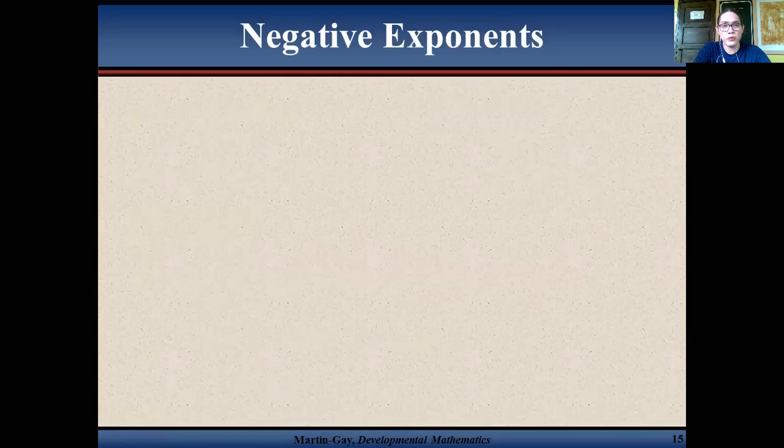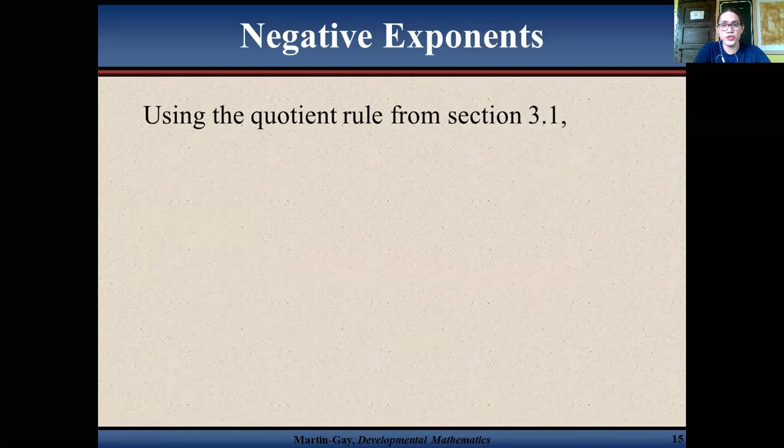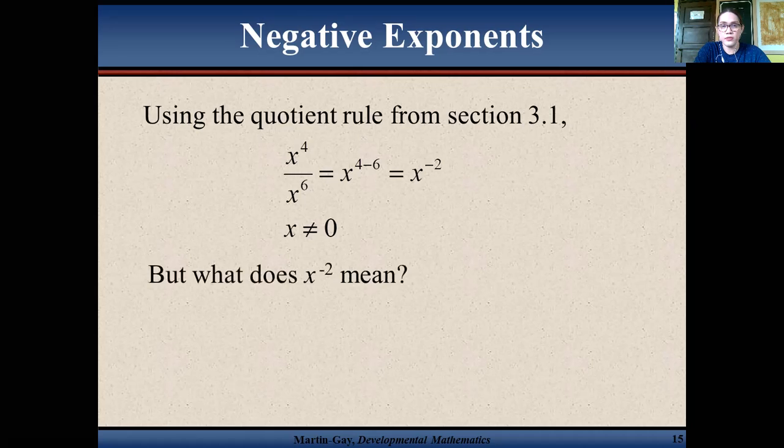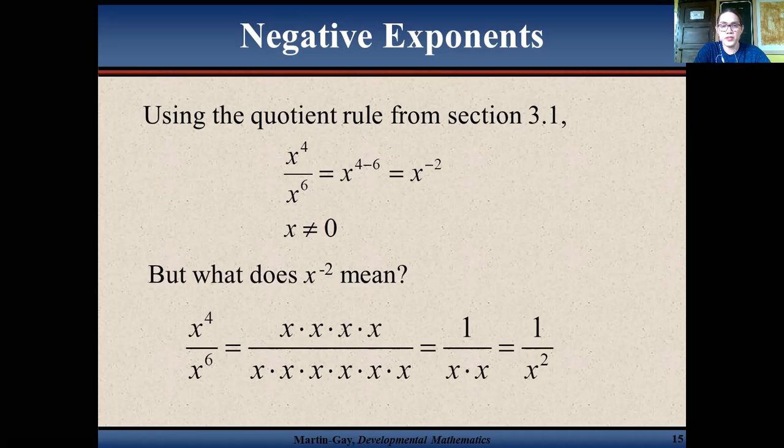For negative exponents, using the quotient rule form, what does x to the power of negative 2 mean? If you have a negative exponent, then get its reciprocal. Example, this one can be written as x to the power of 4 over x to the power of 6.